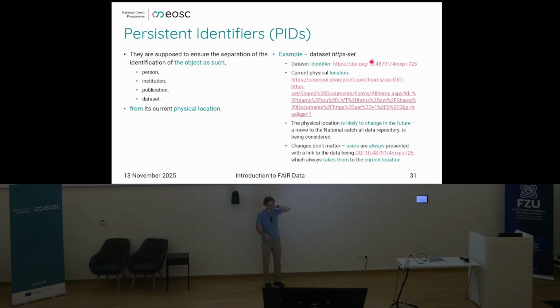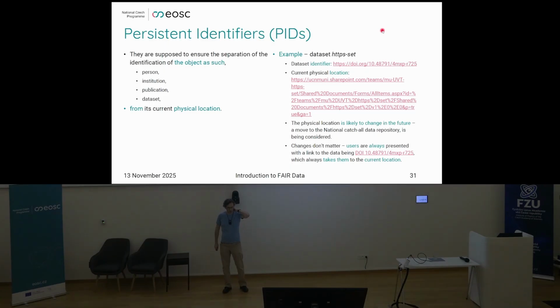I will now use an example of a dataset. It's a dataset called HTTPS set. That was a dataset produced a few years ago by CERT-EMU, the cybersecurity team of our university, and more or less it's a kind of record of network traffic at our university network, that can be used for experiments or testing some network analysis tools, for example.